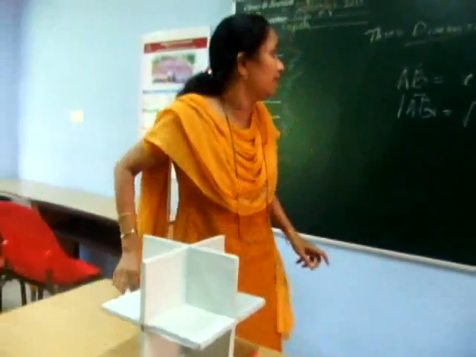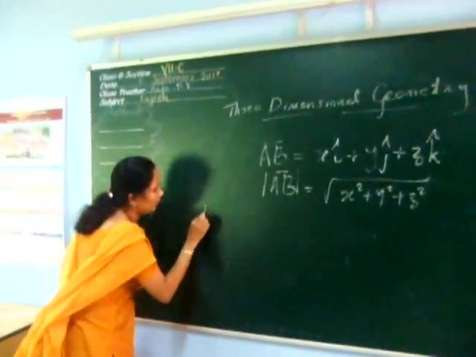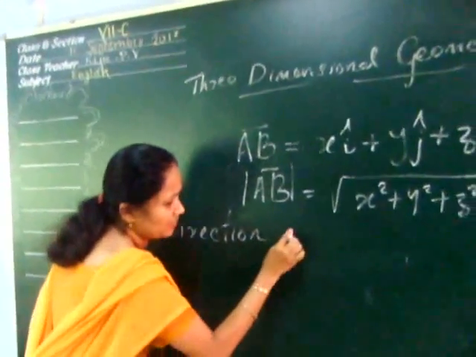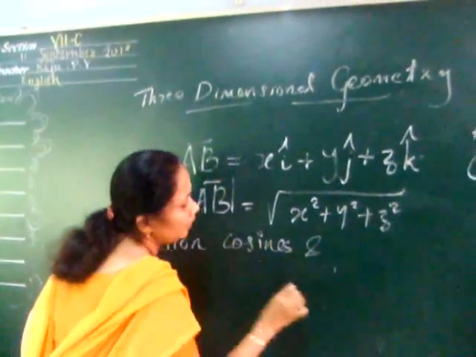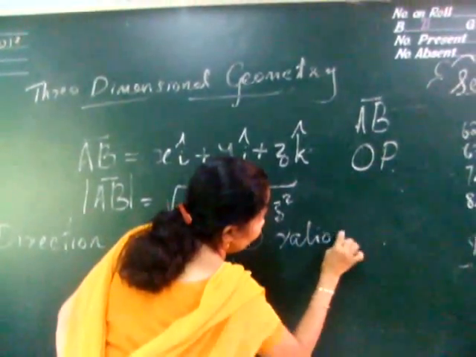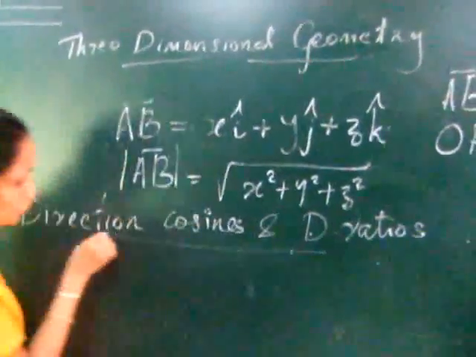For locating that straight line, we will have to learn a new concept, that is called direction cosines and direction ratios. Direction cosines and direction ratios.